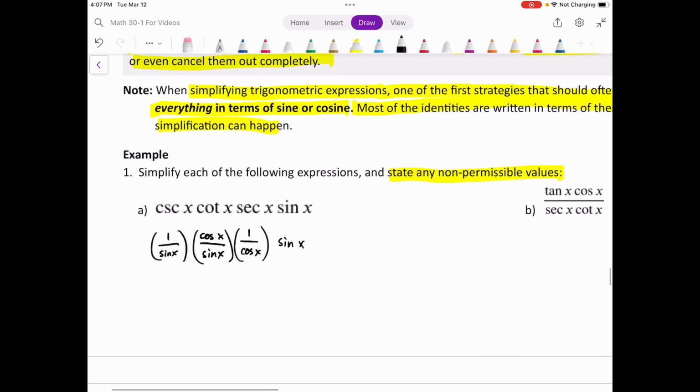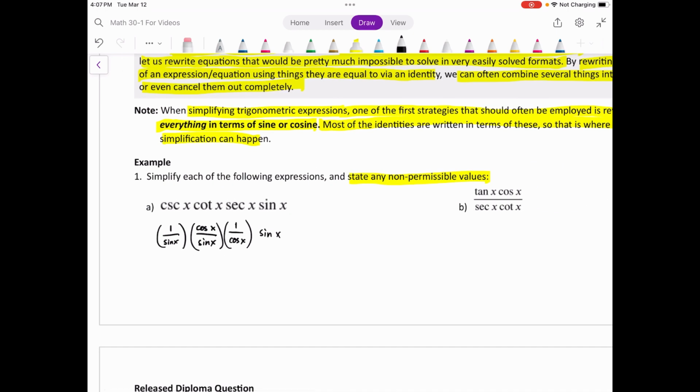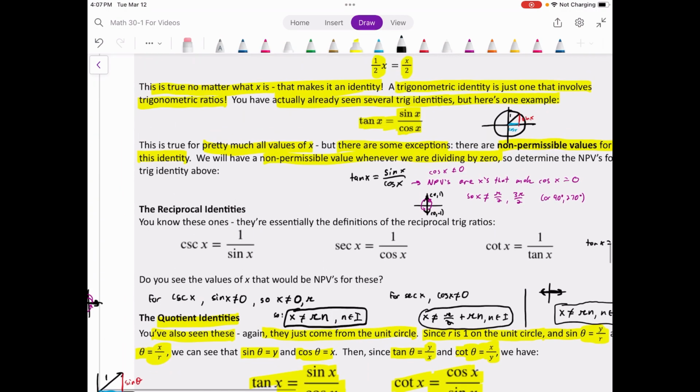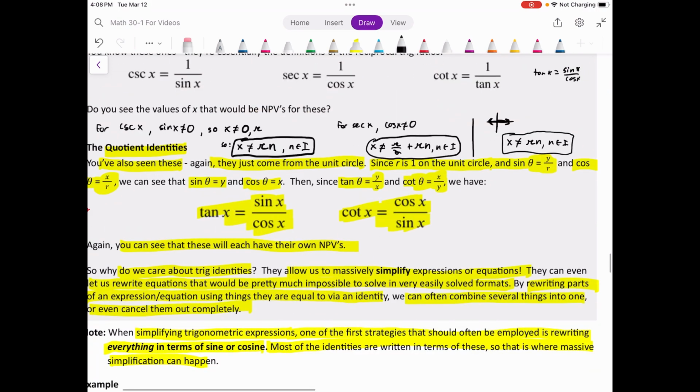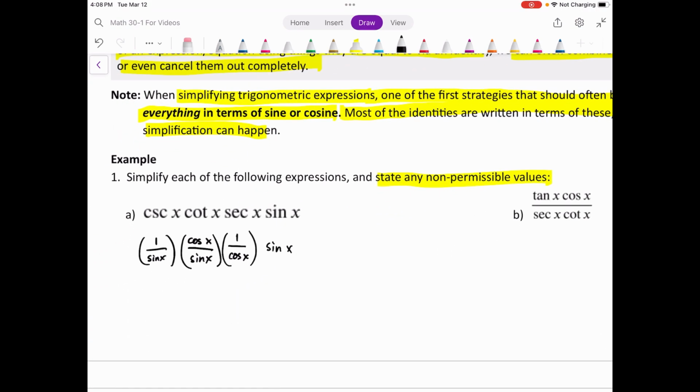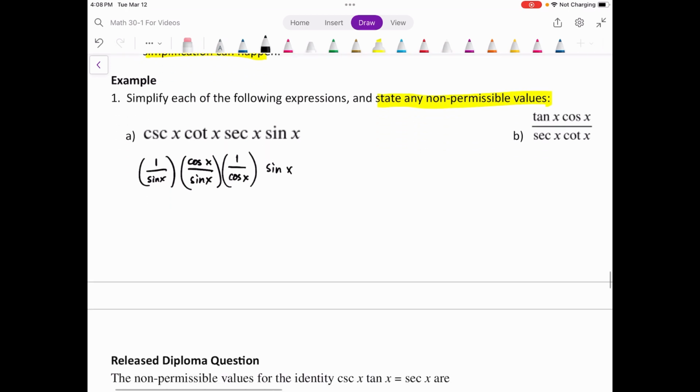So all I did there was rewrite everything in terms of sine or cosine. We know that tan is sine over cos, cosecant is 1 over sine, secant is 1 over cos, and cotangent is cos over sine. If I rewrite anything that's tan-y in terms of sine and cos, I can probably cancel something out, or at least simplify with the other stuff that's got sines and coses.